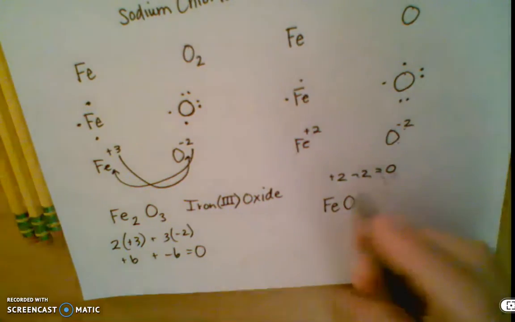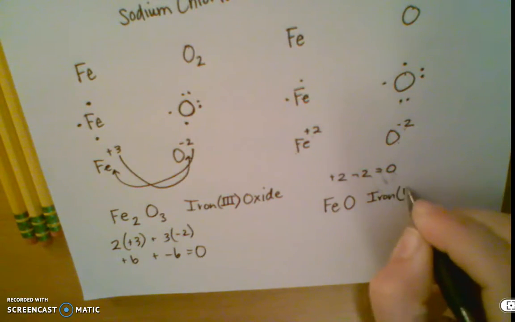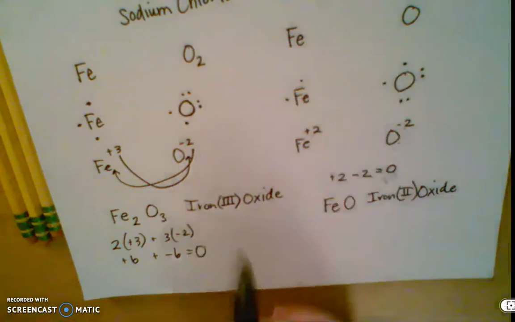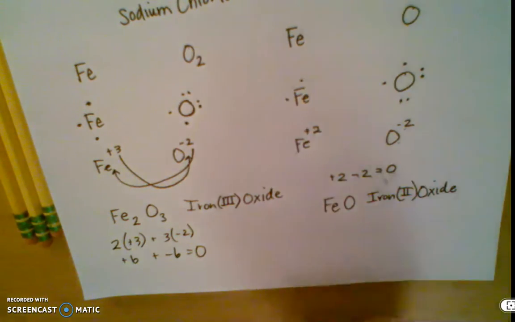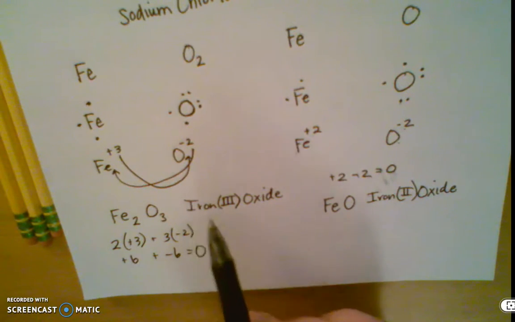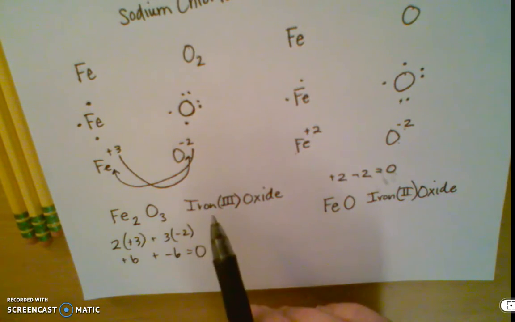And in this case, because the iron was a +2, we're going to put iron with a Roman numeral 2, and again, oxide. So our name would be iron(III) oxide, and this would be iron(II) oxide. You only have to worry about the Roman numerals if you have an element that's going to produce multiple ions, which is not all of them.